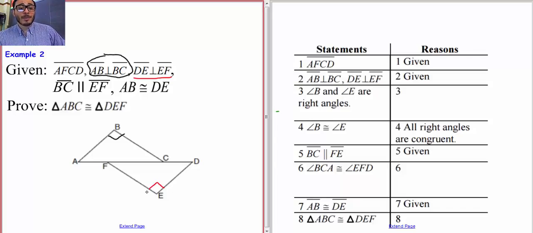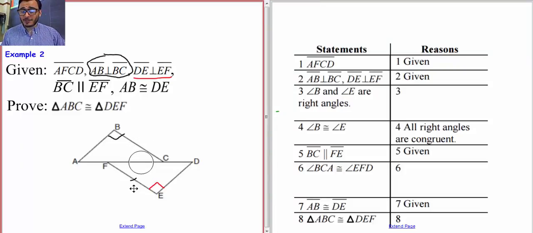Then it says BC is parallel to EF. Now, listen closely. BC parallel to EF does not mean that BC is congruent to FE. That is wrong. Parallel does not mean congruent. Parallel means parallel.